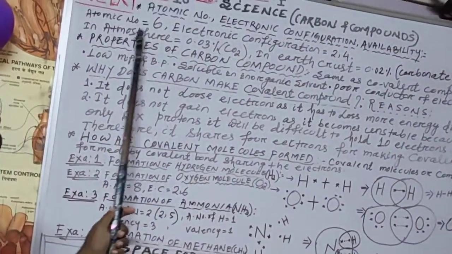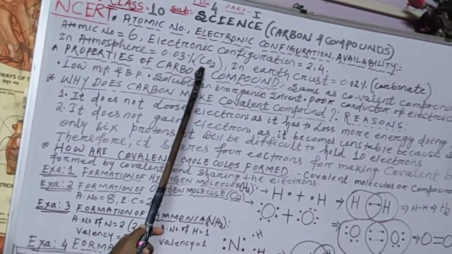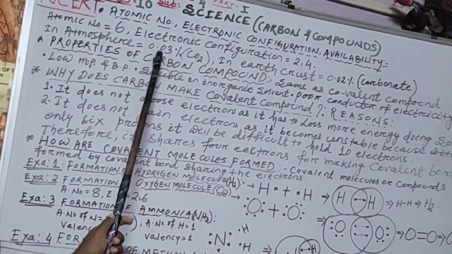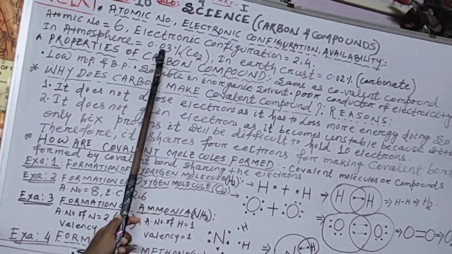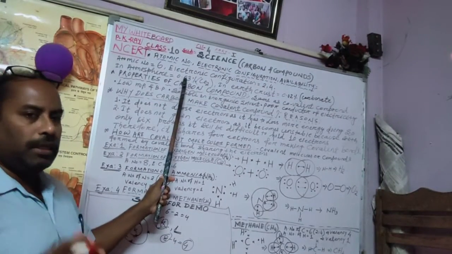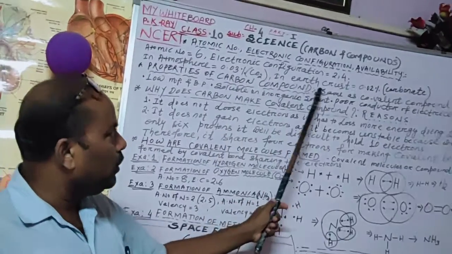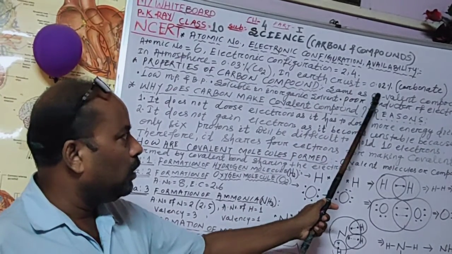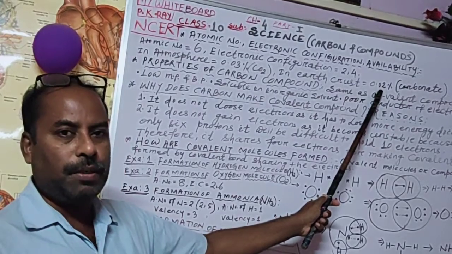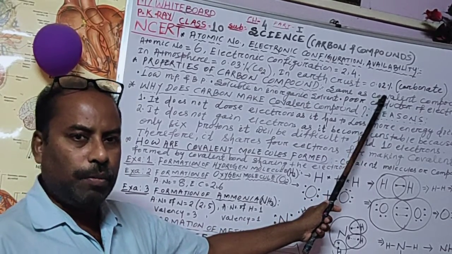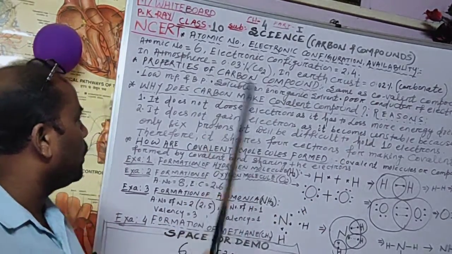And in the atmosphere, in gaseous form, carbon dioxide, it is 0.03%. So this is the availability: in the atmosphere it is present 0.03%, and in the earth crust, in solid mineral form, it is present 0.02%. This is called the availability of carbon.